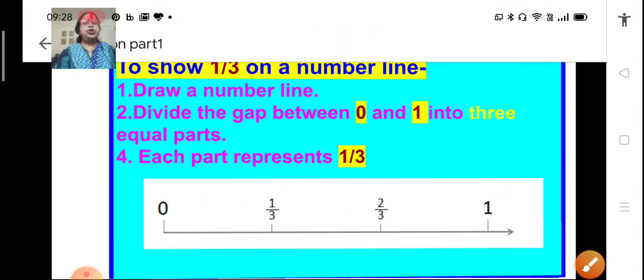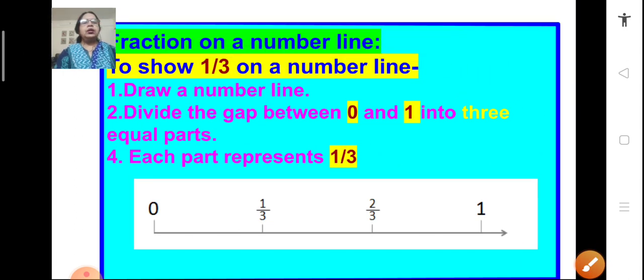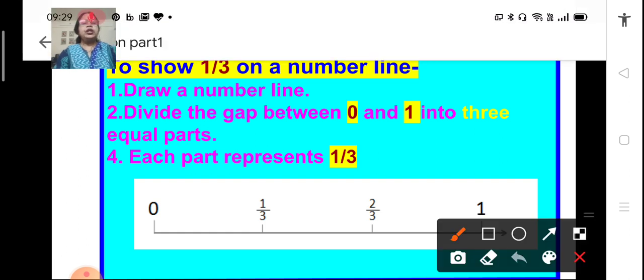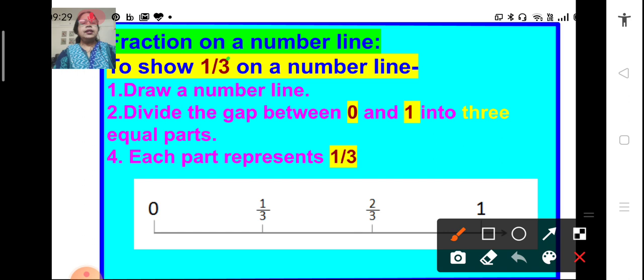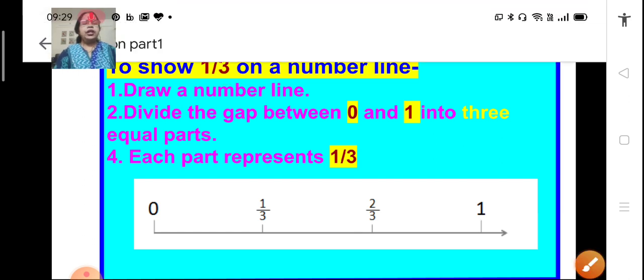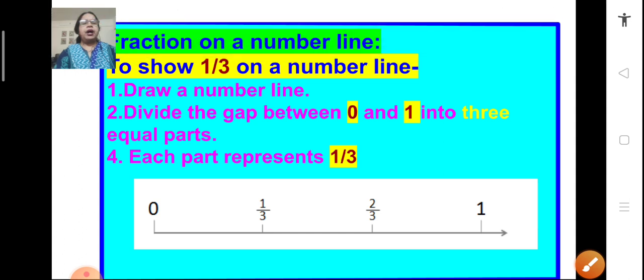Now to show 1/3 on a number line, we draw a number line and divide the gap between 0 and 1 into 3 equal parts. Okay, we have to divide it into 3 equal parts because the denominator is 3, and each part represents 1/3.